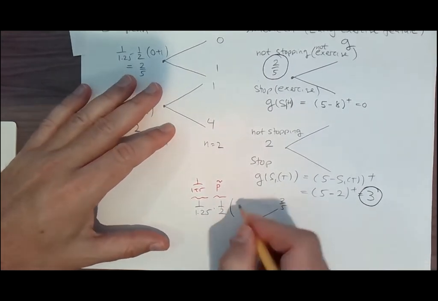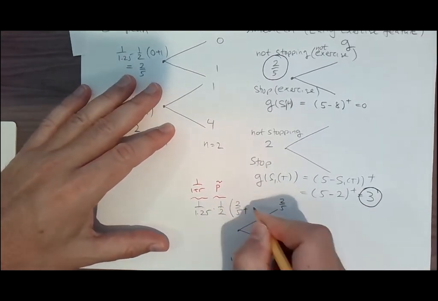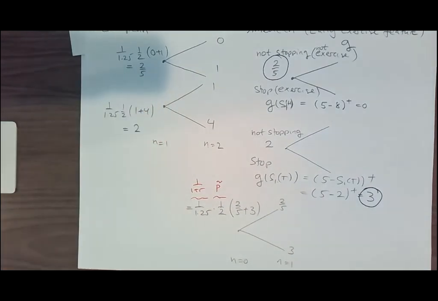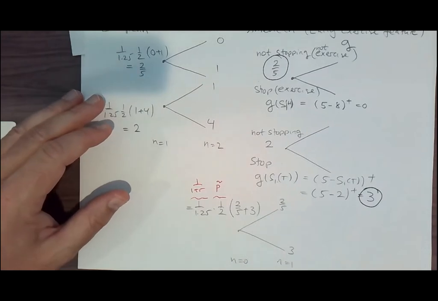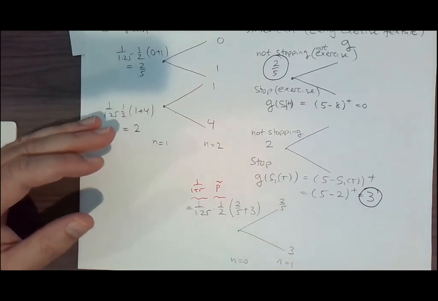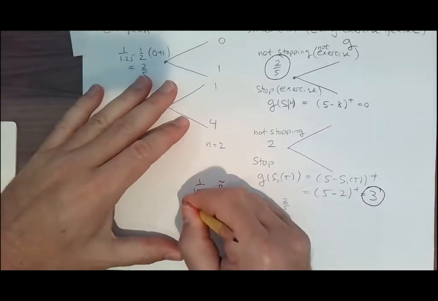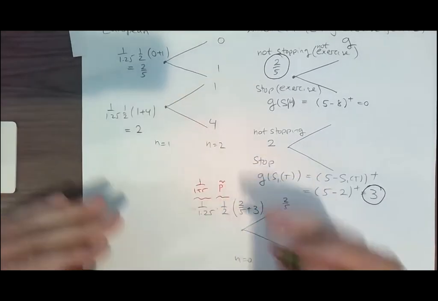And then what I do is I add them up, 2 over 5 plus 3, and figure out what this thing here is, which I didn't figure out. I didn't write down what this was. I don't know why I didn't figure this out. So compare.